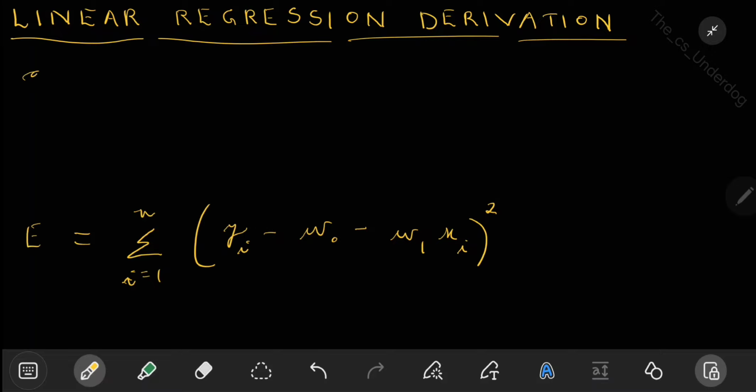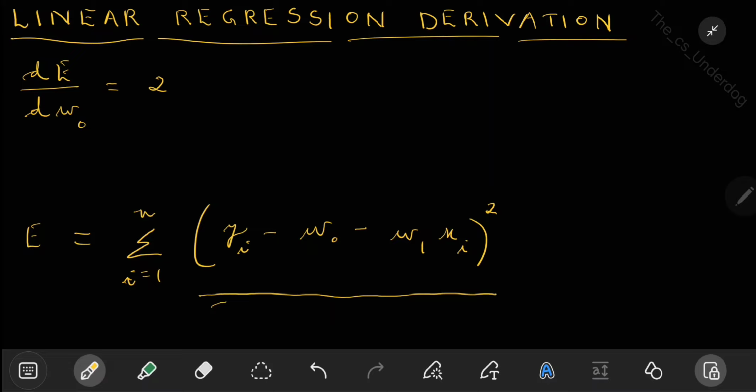If I do dE by dW0, what is the derivative with respect to W0? If I take the derivative with respect to W0 of this term, the first thing is the squared term. From that, the 2 will come outside.